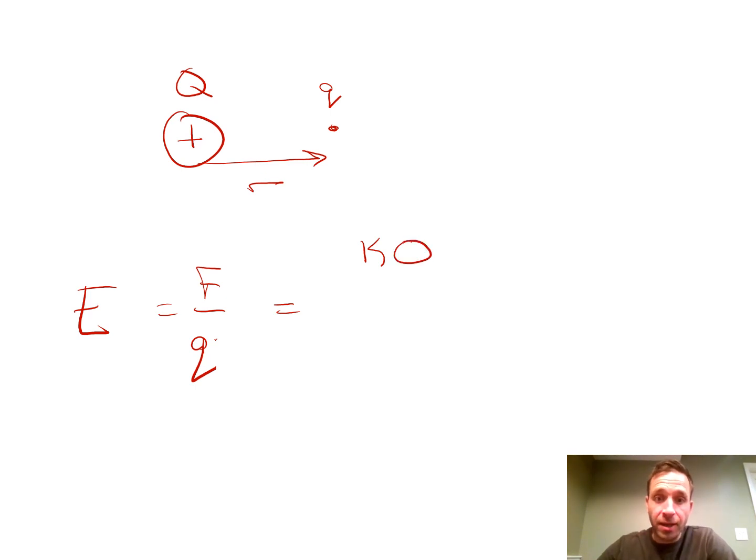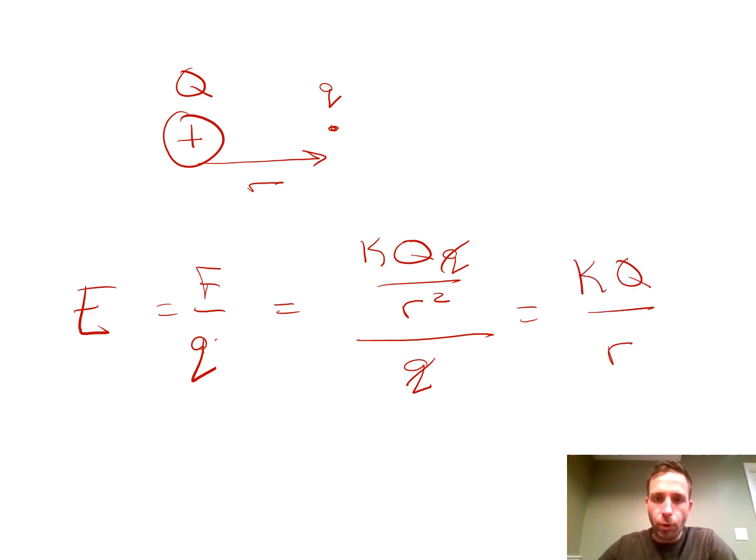So we have k capital Q lowercase q over r squared, Coulomb's law, divided by that test charge. You can see the electric field created by a point charge is equal to kQ over r squared. The further we get away from the charge, the weaker the electric field.